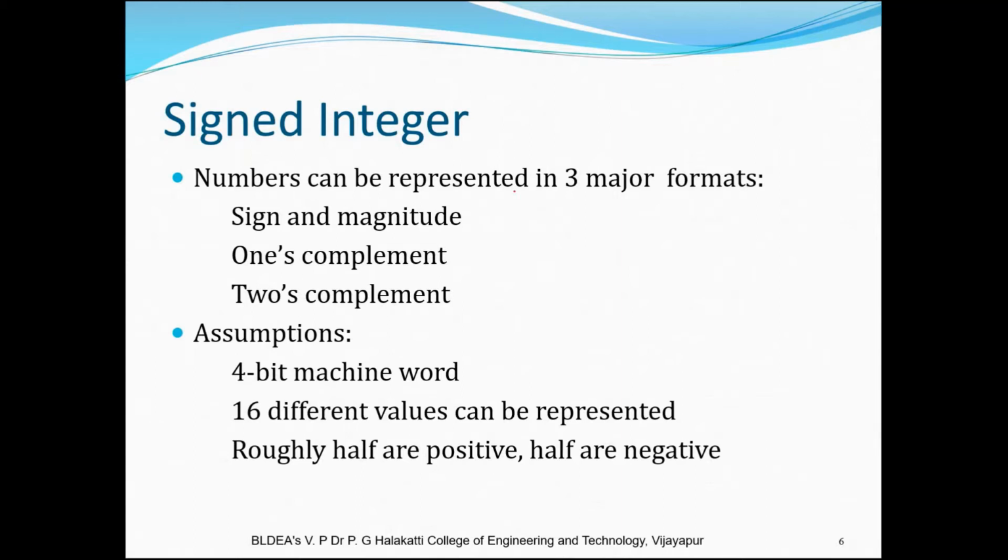These are the three different formats using which we are going to represent signed integers. Before I represent them, some assumptions have to be made: the machine has a 4-bit word, and 16 different values can be represented using 4 bits, roughly half positive and half negative. We will see now how that works.